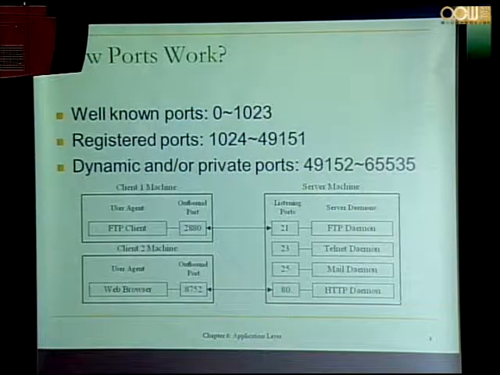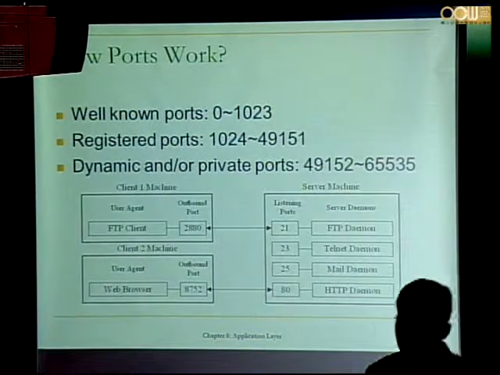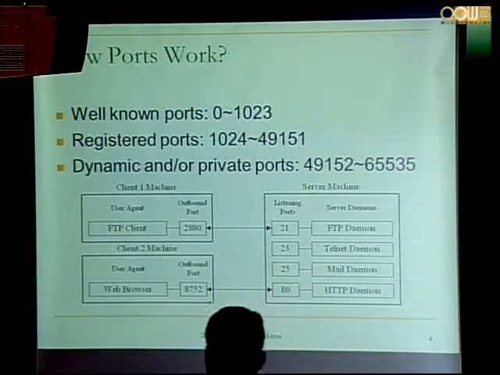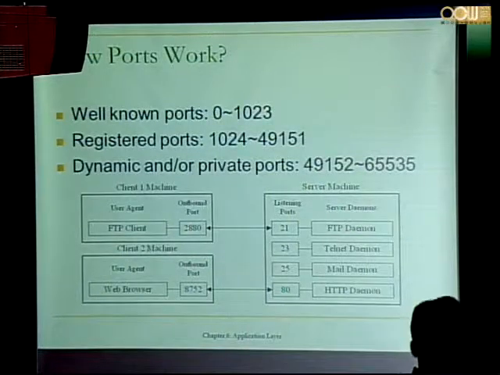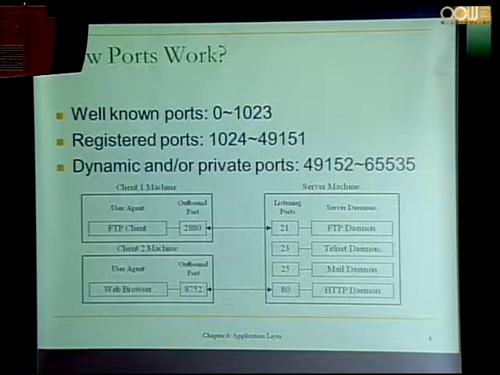Okay, we know the port number is the TCP or UDP port number. In the TCP or UDP header, there's a source port number and a destination port number, and each is a 16-bit port number.